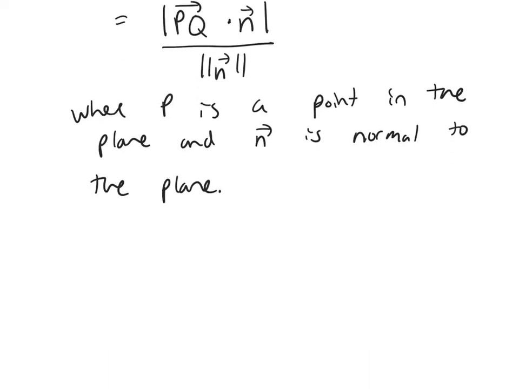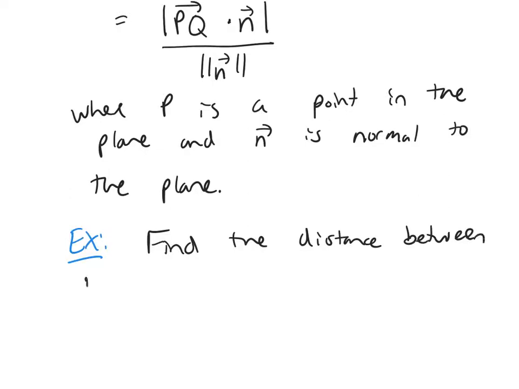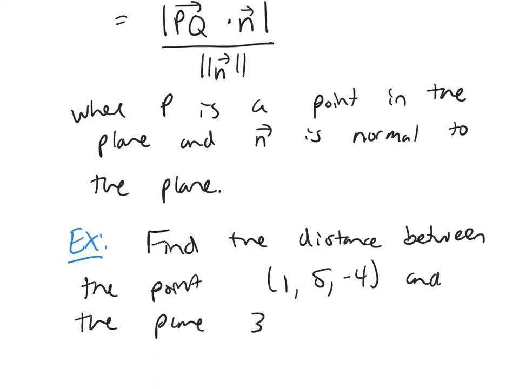So let's look at an example problem here. Let's say I want you to find the distance between the point (1, 5, -4) and the plane 3x minus y plus 2z equals 6.